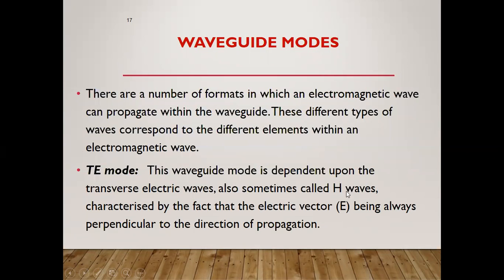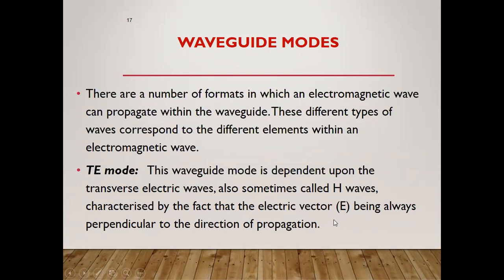Why are we calling it the H wave? The wave which is traveling is no doubt in the form of electric waves, but that is also known as the H wave because they show the characteristics related to the magnetic field, even though they are traveling in the form of a sinusoidal waveform.